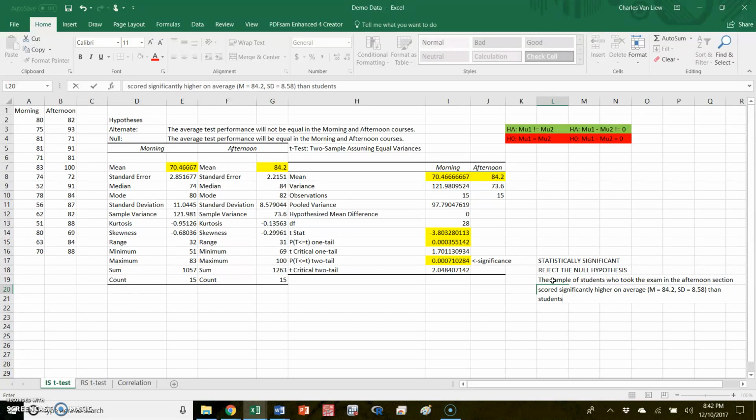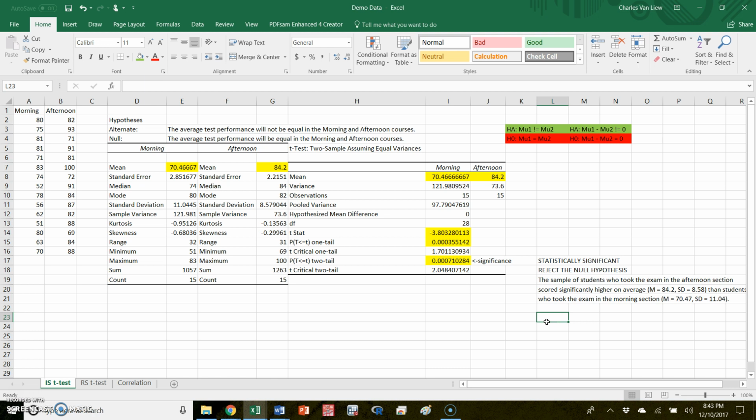Then students who took the exam in the morning section, and their mean was 70.47 with an SD of 11.04. And so this would be our interpretation of this effect. This is what we found. And so from this, notice this is an inferential test.